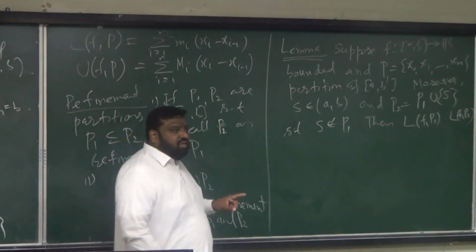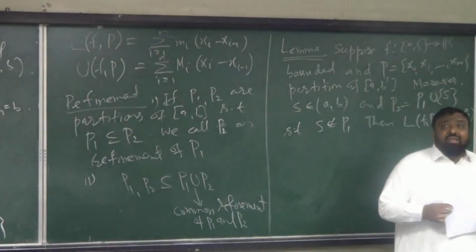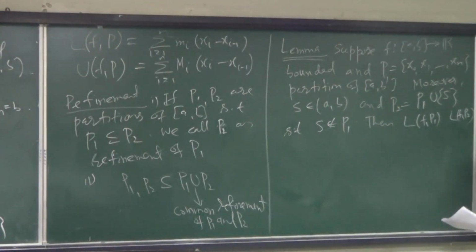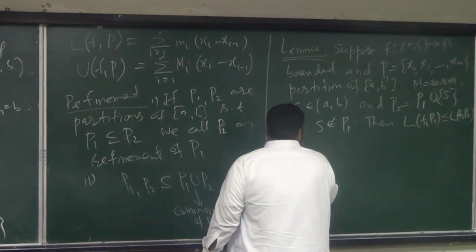So less than, sir. What is your guess? Less than. So by intuition we can already see that it should be less than or equal. So in other words, your lower Riemann sum would improve actually. The error is going to reduce.